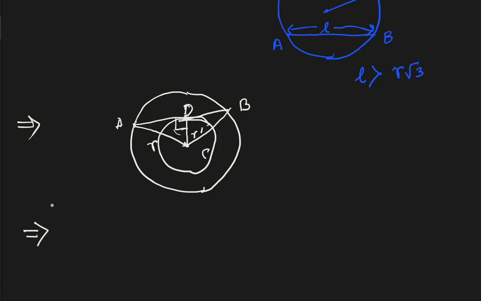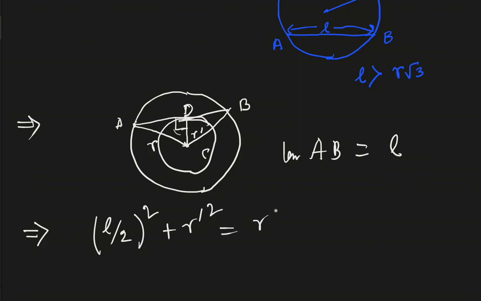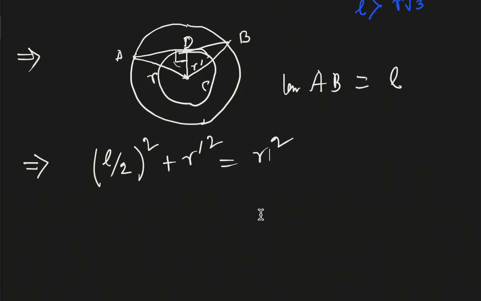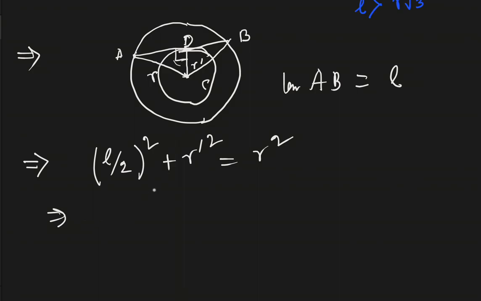From Pythagoras theorem, what will be the distance AD? Suppose the length of AB is L, so this will be L by 2. So (L by 2) square plus r prime square is equal to r square. So r prime square is r square minus (L by 2) square.